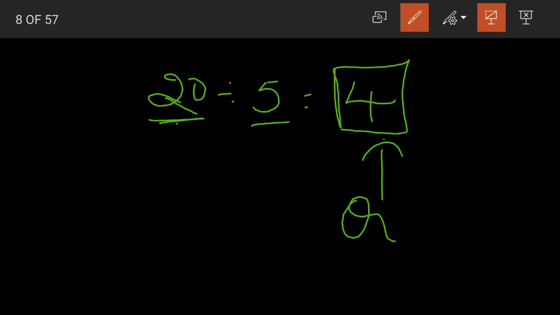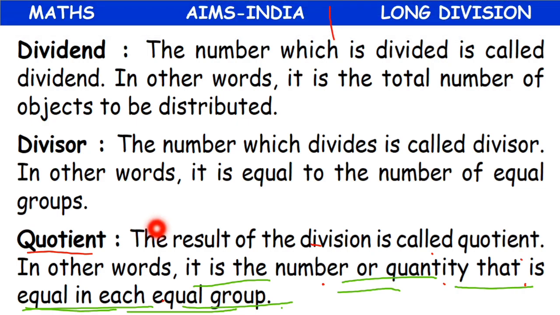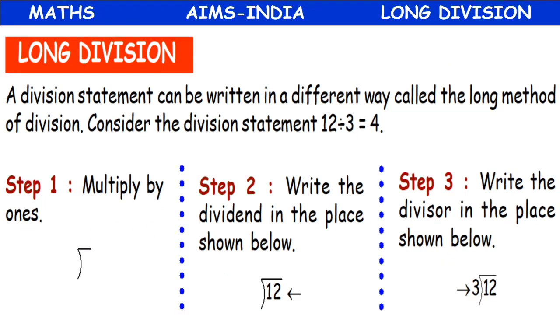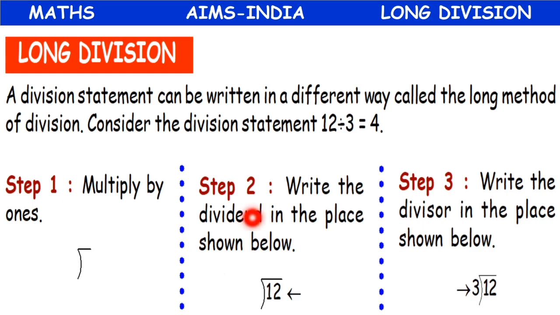So our quotient is the number of objects in each equal group. That is, the answer of our division is called the quotient. Clear, children, about the terms of division? What are the terms of division? Dividend, divisor and quotient.